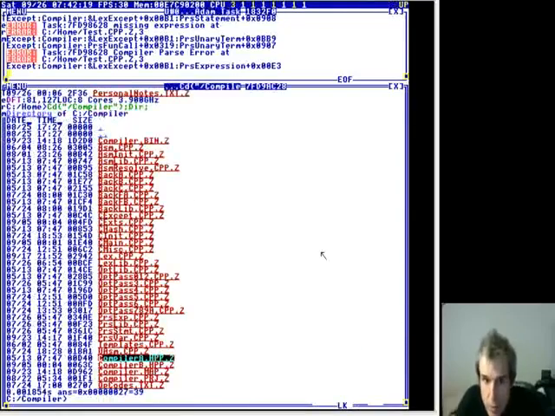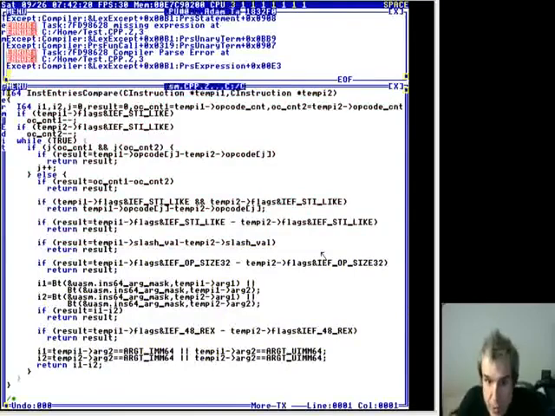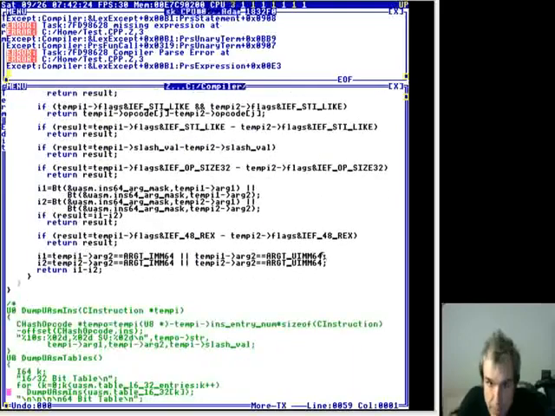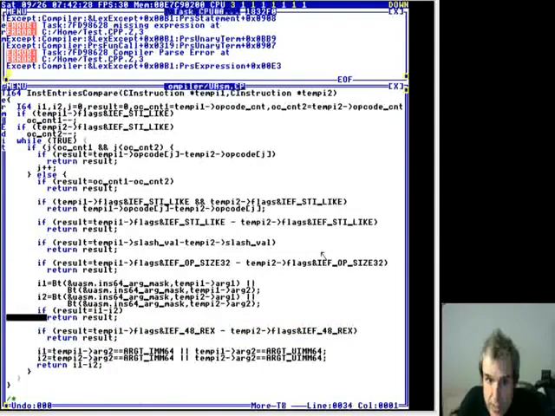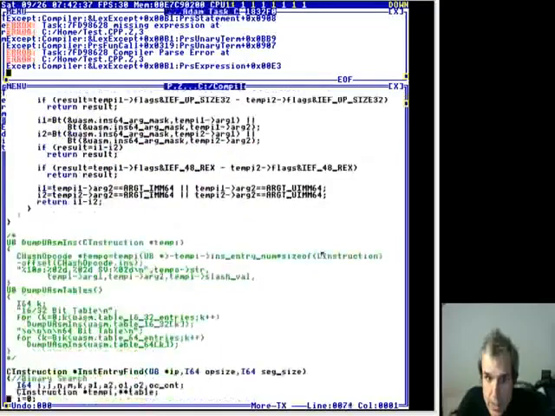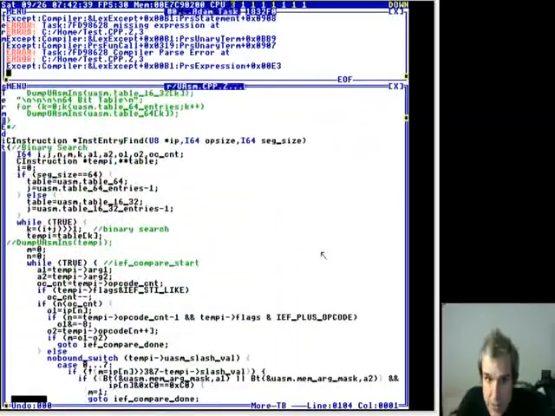It's kind of nasty, but first of all, I make a table with the sorted opcodes, and then I do a binary search when I'm unassembling.